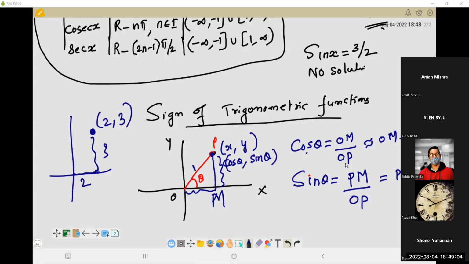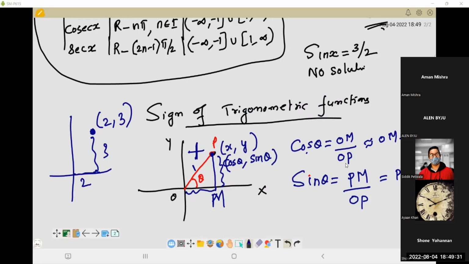Therefore, in the first quadrant, sin theta is positive and cos theta is also positive. So all trigonometry functions are positive in the first quadrant because theta is acute. Why? Because cos theta is the x value and sin theta is the y value.